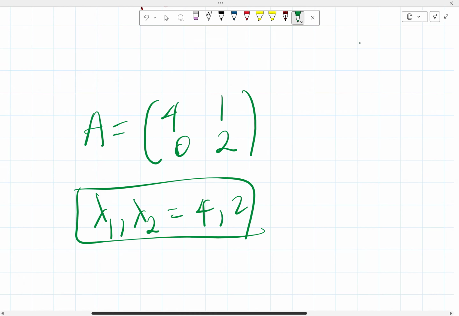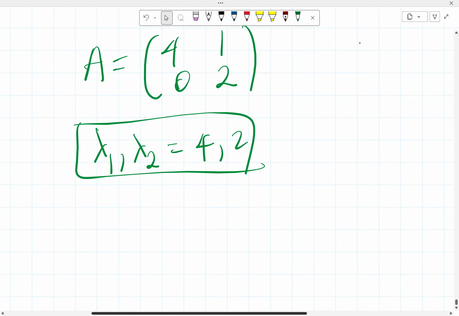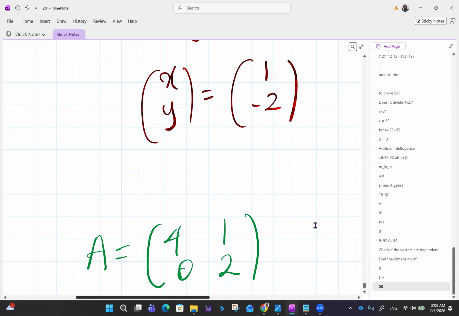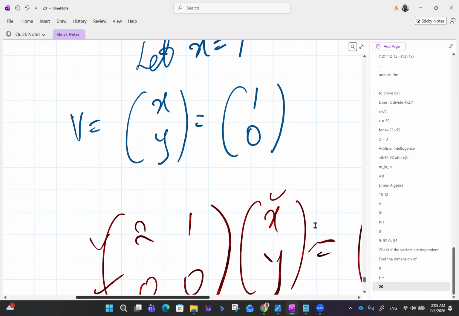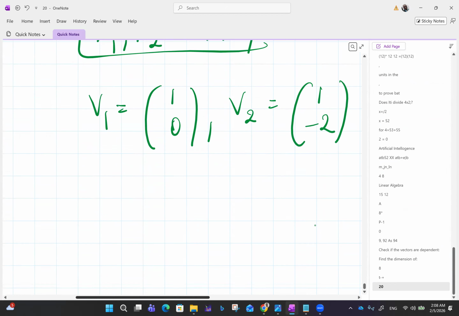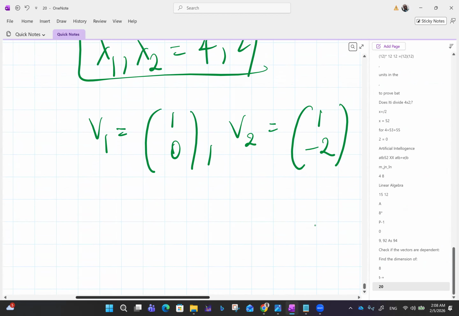Those are the eigenvalues. Then we also know that eigenvectors V1, we got to be 1, 0. V2, we got another one to be 1, minus 2, if you remember that. Okay, I even did that on this same page. Yeah, we got V1 to be 1, 0, and this is 1, minus 2. So we have this already.